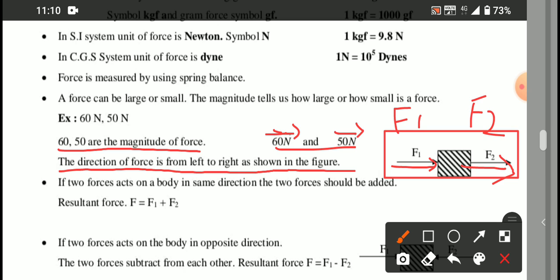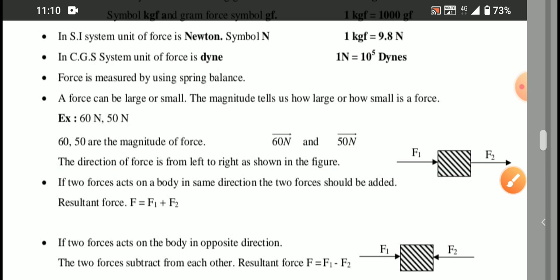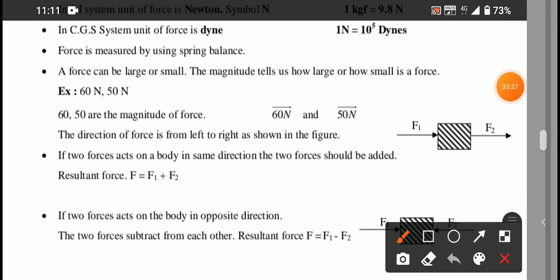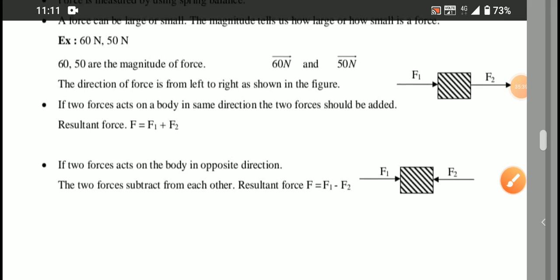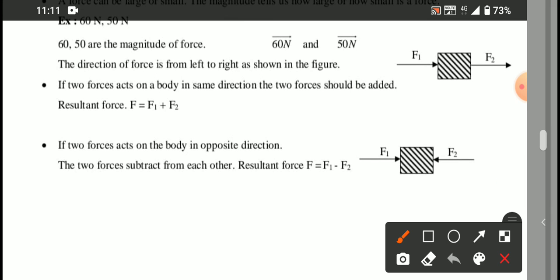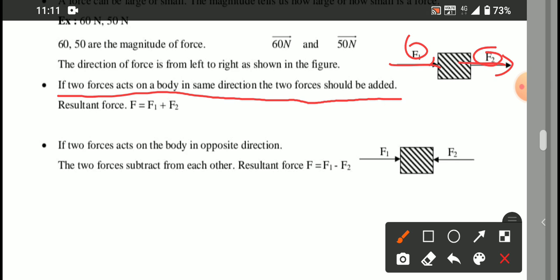See the next point. If two forces act on a body in the same direction, the two forces should be added. Here, for example, both forces are acting in the same direction, so 60 plus 50 should be added.